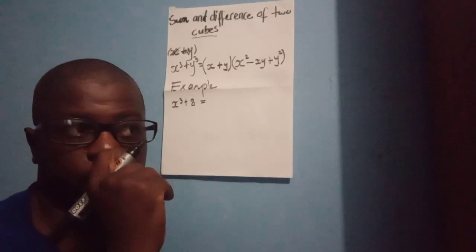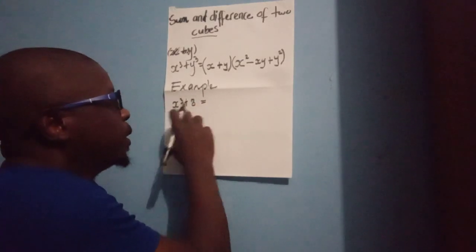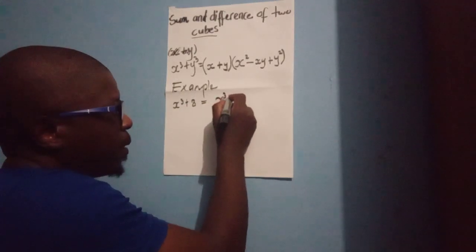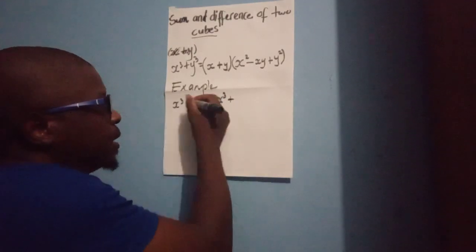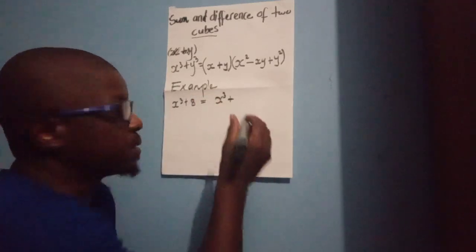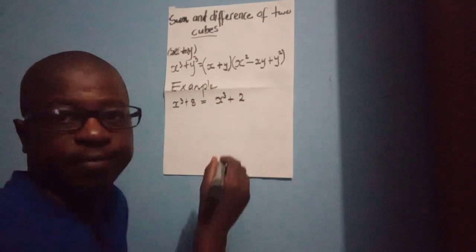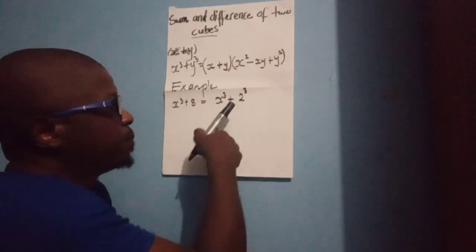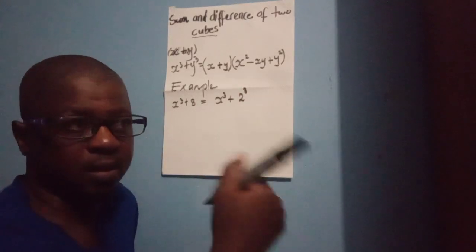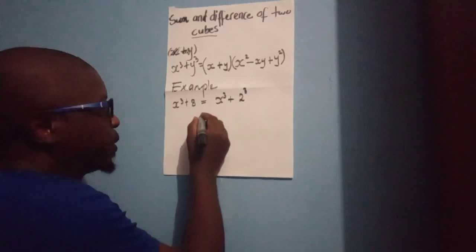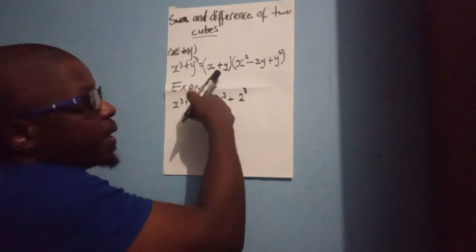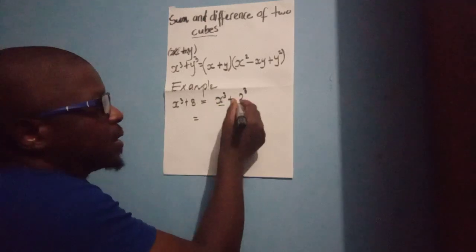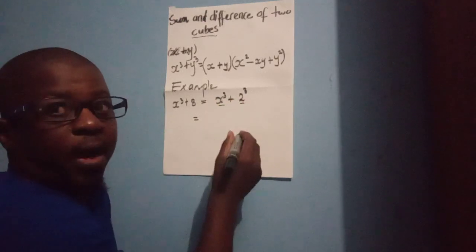Initially we are going to simplify this as x cubed plus 8. Let's put it in prime factors. So we're going to have 2 to the power of 3, because 2 to the power of 3 is the same as 8. Now if we are applying our formula, we know that this one is standing as x and this one is standing as y.